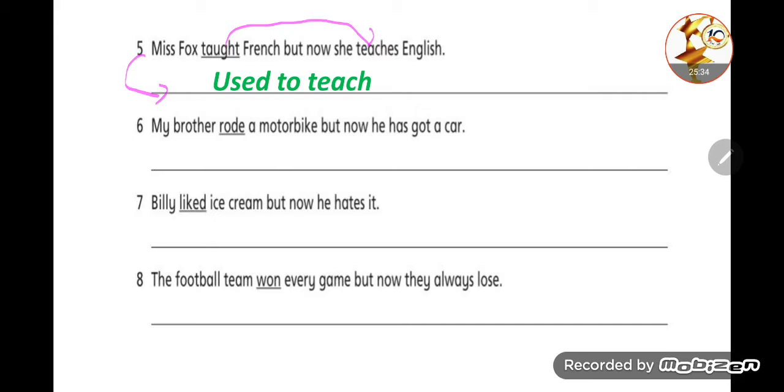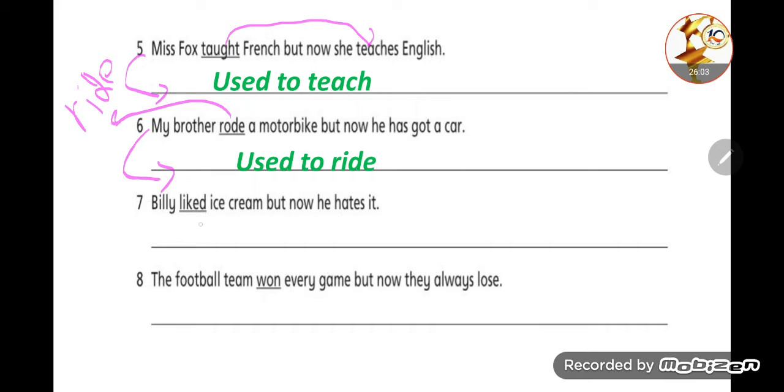Okay. Number 6. My brother rode a motorbike but now he has got a car. Now as I told you we should return to the verb 1 or to the base form of the verb. So we have rode, ride. So the subject بينزل مثل ما هو. My brother used to ride a motorbike but now he has got a car.